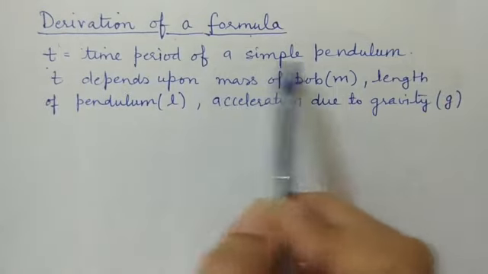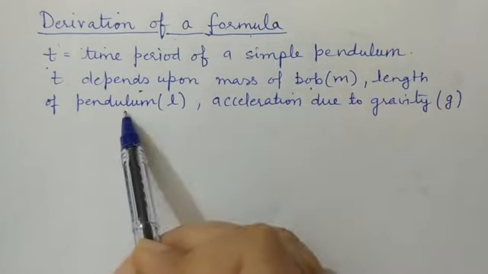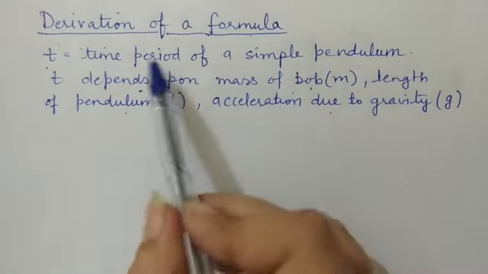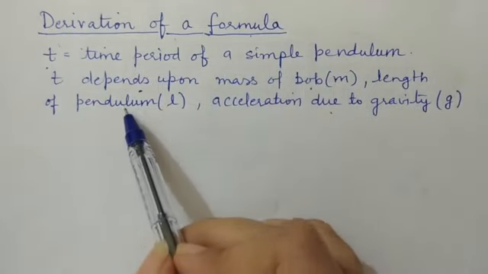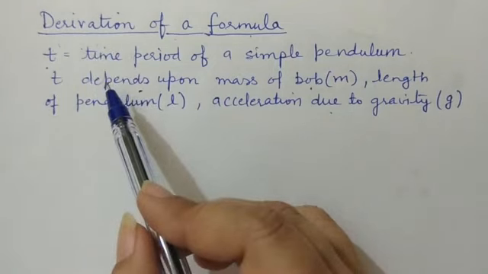So from this information, how do we get the formula for time period? That will be done by the method of dimensions.